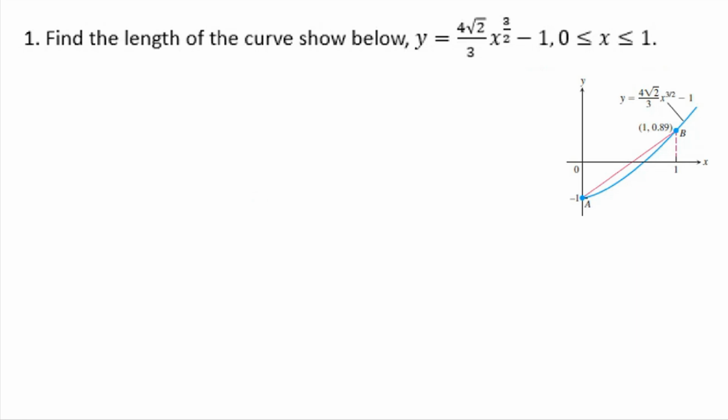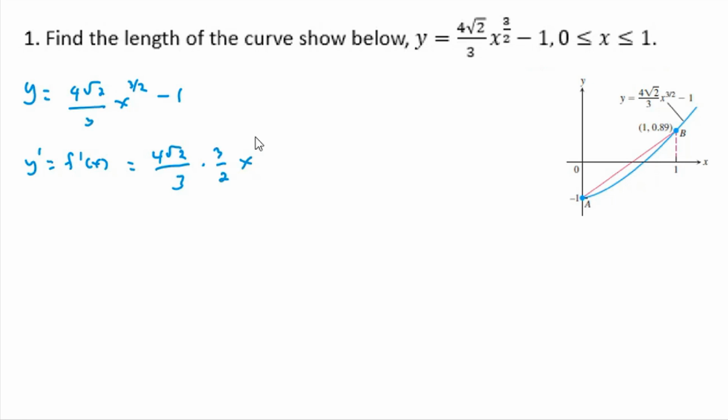So first of all, we're going to take the derivative of y. We have y equals 4 square root of 2 over 3 times x to the power of 3 halves minus 1. Taking the derivative, or f prime of x, that will be 4 square root of 2 over 3 times 3 halves x to the power of 1 half.